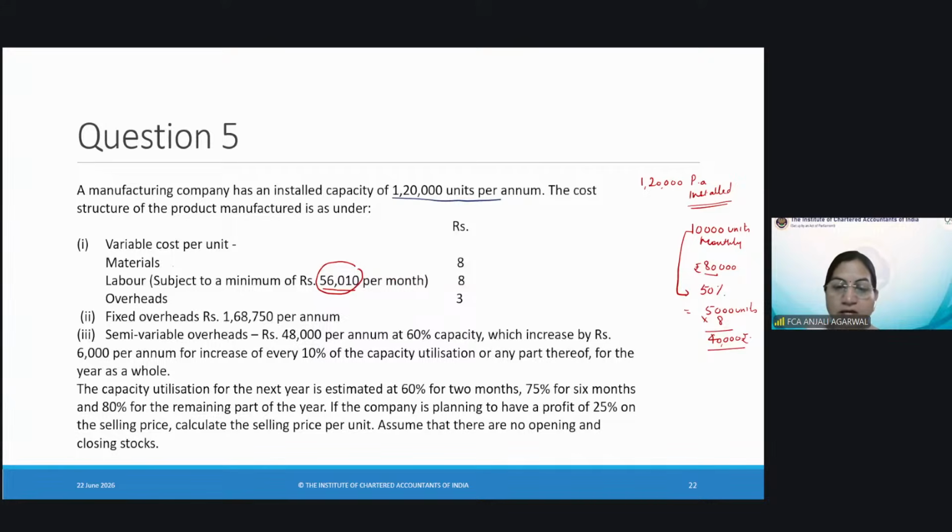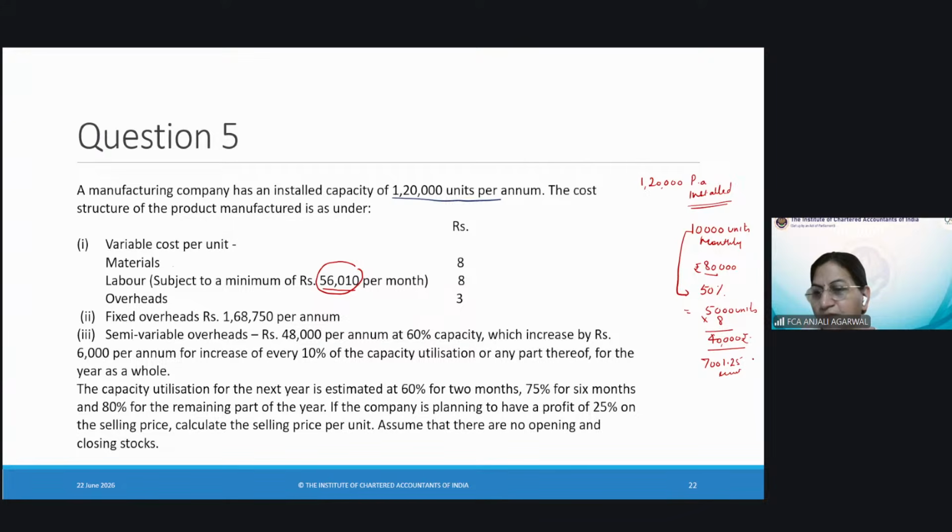If you recall the labor chapter, we talked about labor being given returns, maybe based on the Halsey plan, maybe based on the Rowan plan, but we guarantee them at least some wages. So the minimum wages that labor will get per month is 56010. So what I can do is divide 56010 by 8. This gives me 7,001.25.